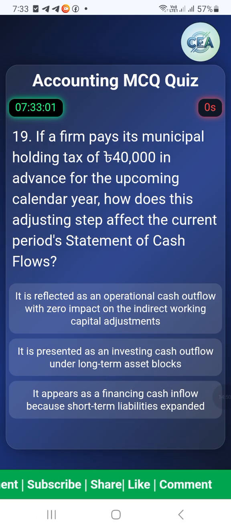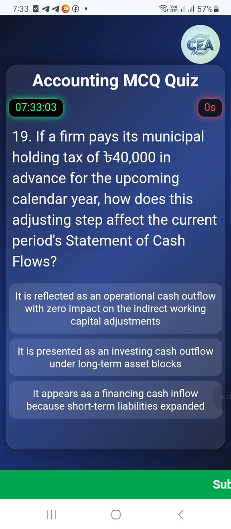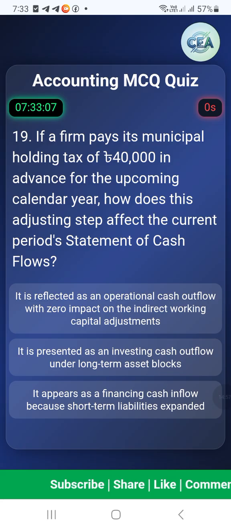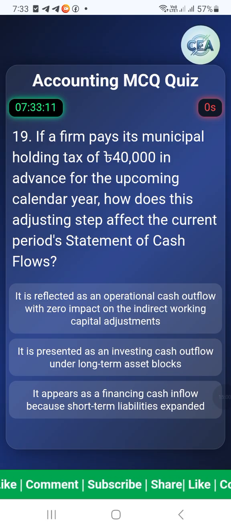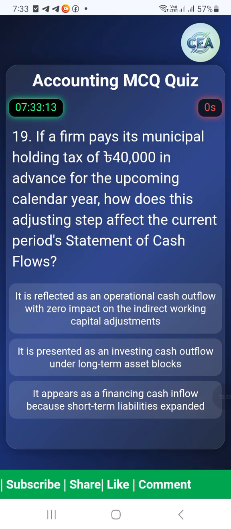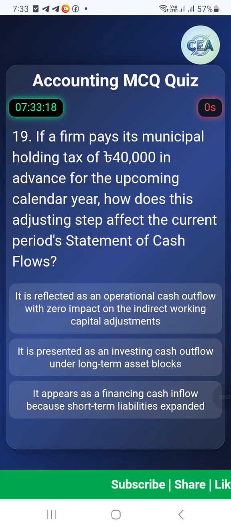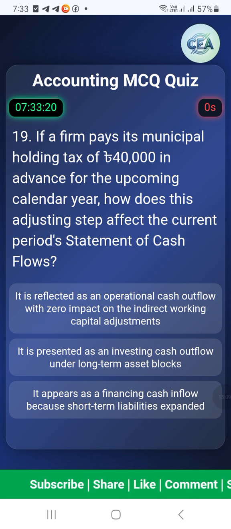19. If a firm pays its municipal holding tax of 40,000 takas in advance for the upcoming calendar year, how does this adjusting step affect the current period's statement of cash flows? Option 1. It is reflected as an operational cash outflow with zero impact on the indirect working capital adjustments. Option 2.